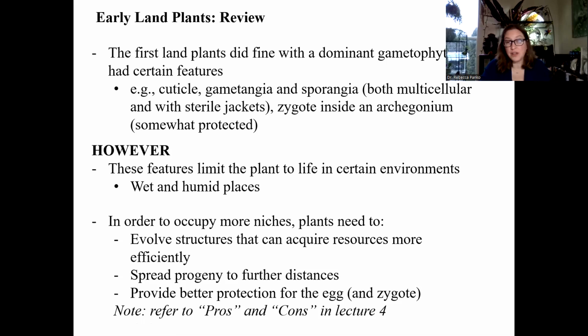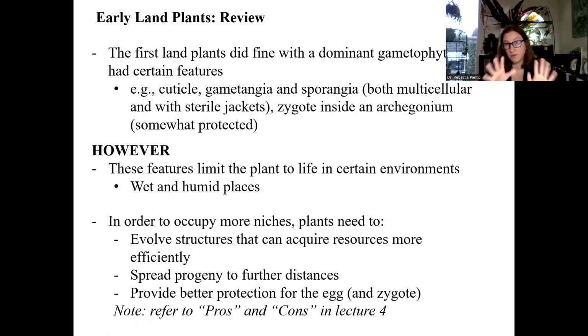And lastly, if you're going to live in a place like a desert or a mountain, 3,000, 5,000 feet up, 20,000 feet up, or you're going to live in other areas that are just extreme, you need better protection for your egg and the zygote that led to that.